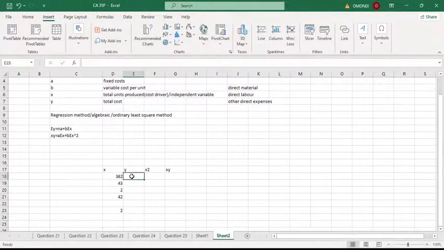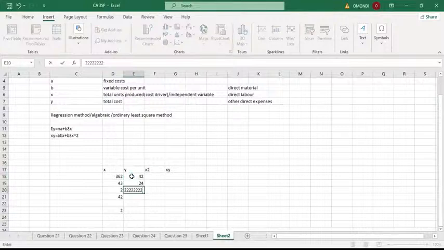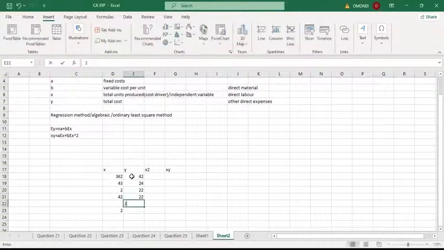Then you have Y. Of course, it is upon you to identify which one is Y and which one is X. Remember we said that X is the cost driver. It is the units produced, and Y is now the total cost, which is dependent on the units produced.